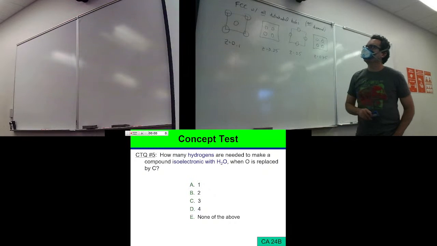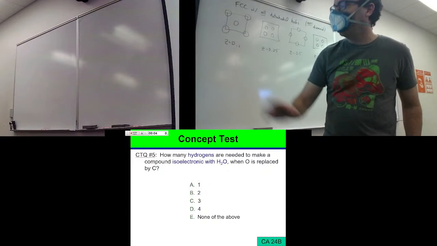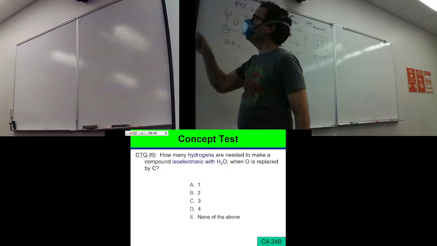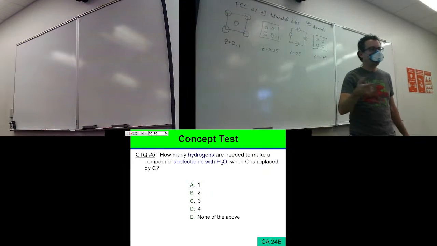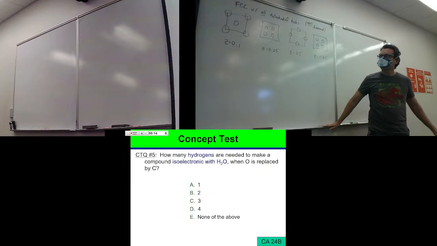Well, there's another one. If I were to replace the O in H2O with a carbon, how many total hydrogens would I have to go with that carbon? This is another exercise in isoelectronic, but now isoelectronic molecules. We're trying to make isoelectronic species here.